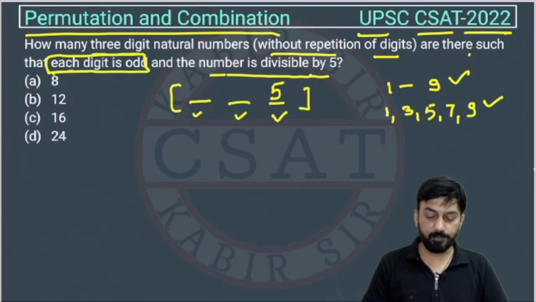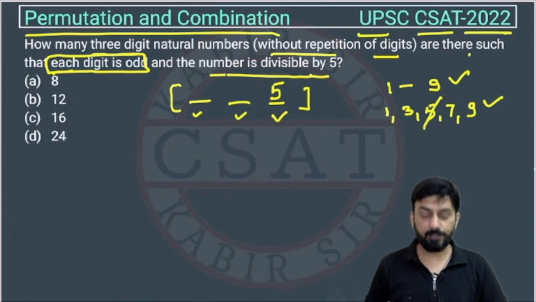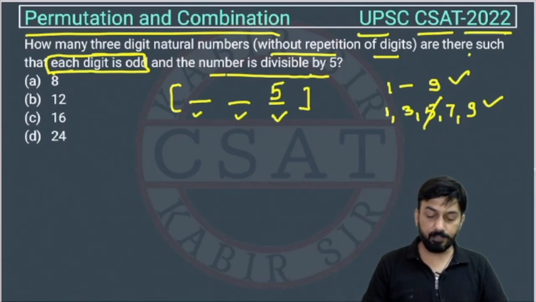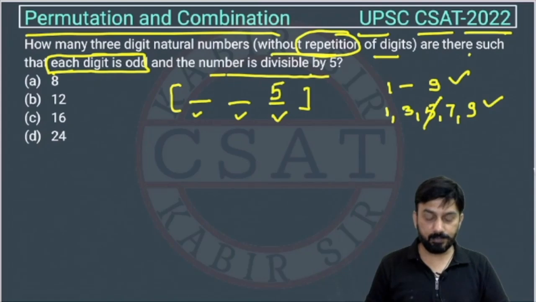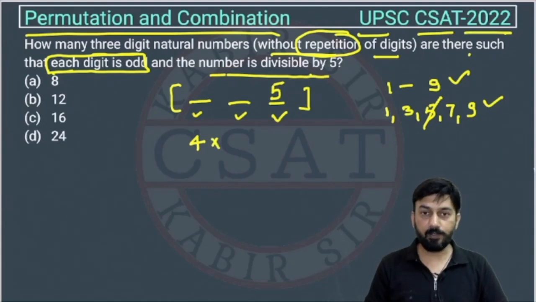So the last digit will be 5. So 5 is already used. We cannot use 5 again, because no repetition is allowed, right? So how many digits are remaining? 1, 3, 7 or 9, which is 4. So at this place, any digit out of 4 can come, right? And at this place, one digit we already used out of these 4, so the remaining is 3.